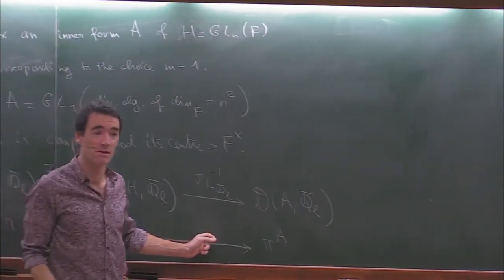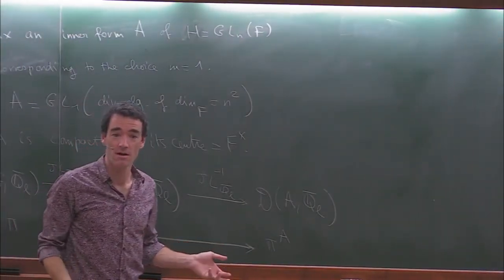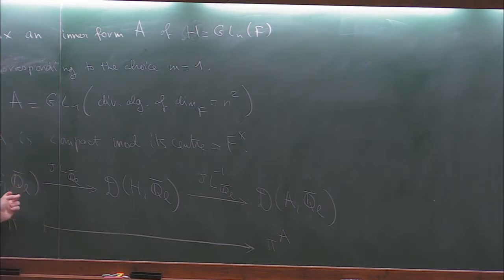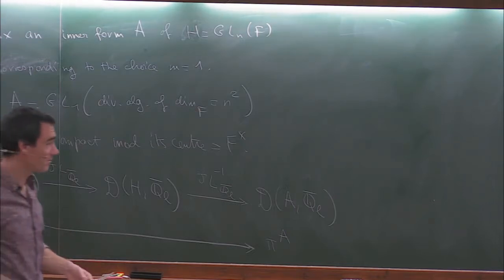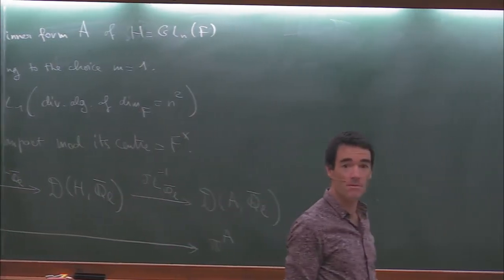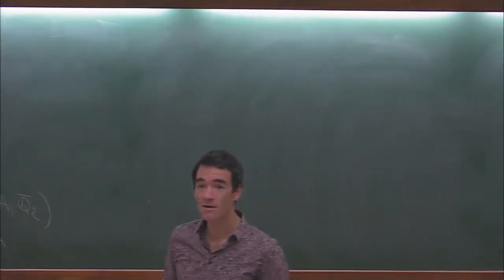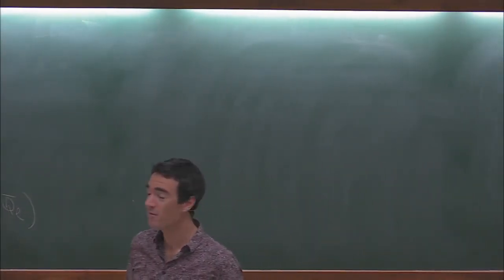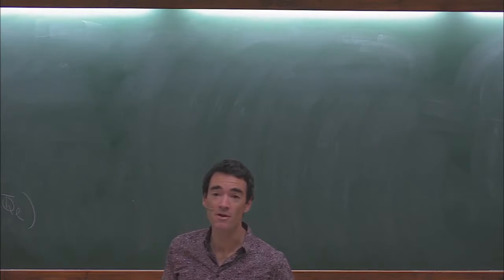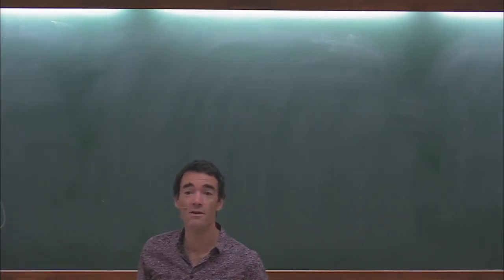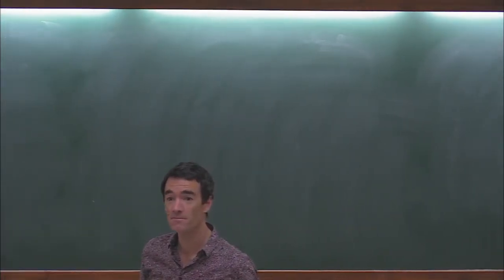And so if I prove this theorem for this modified Jacquet-Langlands correspondence, it will amount to proving it in general, because G can be any inner form. If n equals 2, there are only two inner forms, GL2 and the quaternionic division algebra.